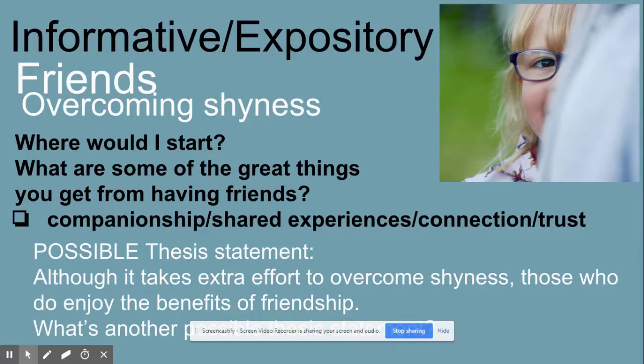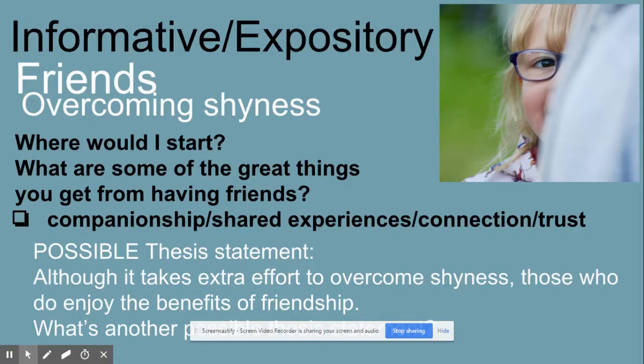Sometimes you have to step back and go from the opposite angle. So if you wanted to talk about overcoming shyness in an informative way, like you're going to explain how to do that, maybe you would want to think about what are some of the great things about having friends.